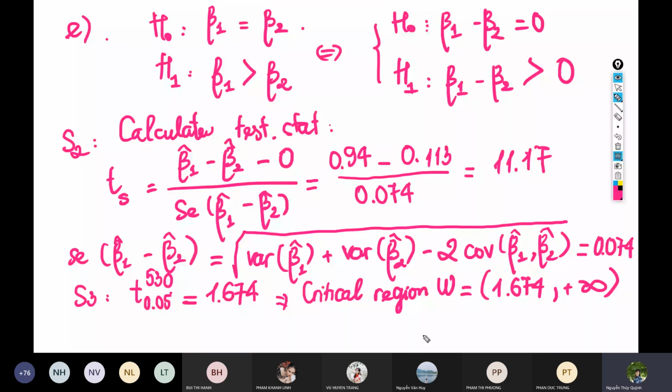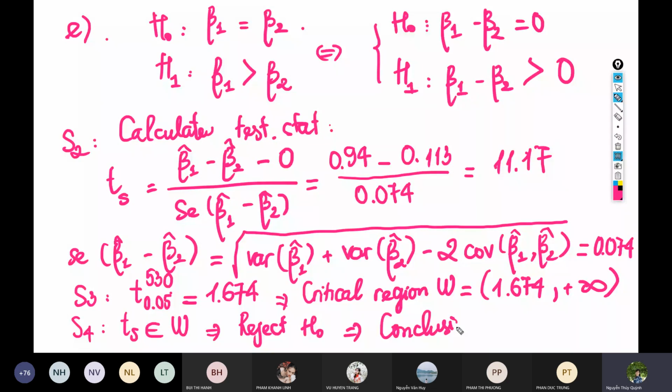Step 4: we can see that TS belongs to the critical region, so we reject H0. And then the conclusion: at the 5% level of significance, the marginal effect of education on wage is larger than the marginal effect of experience on wage. That is our conclusion for this one.